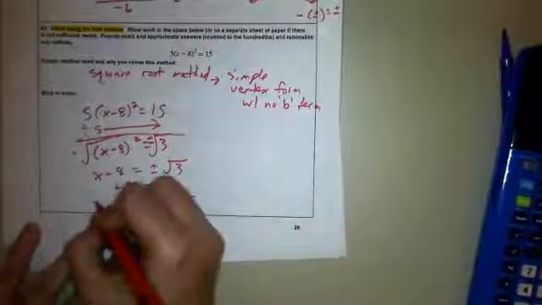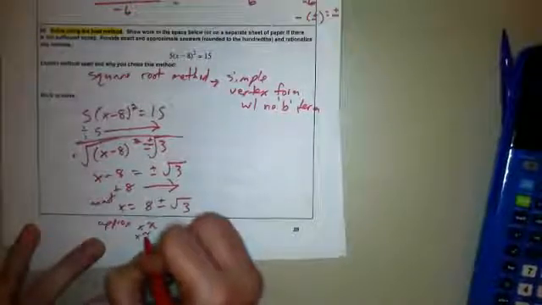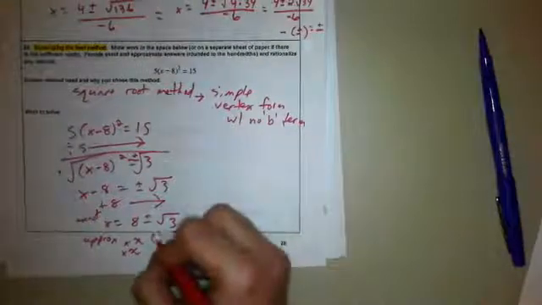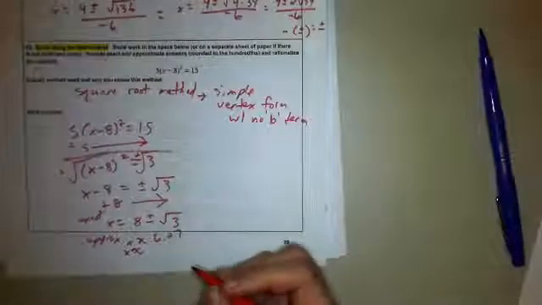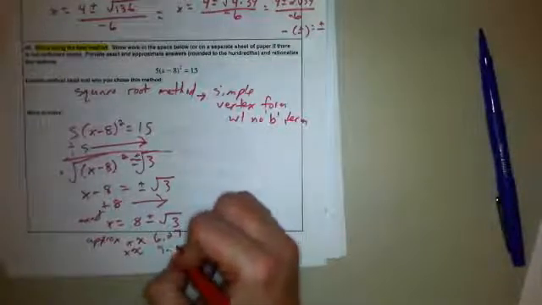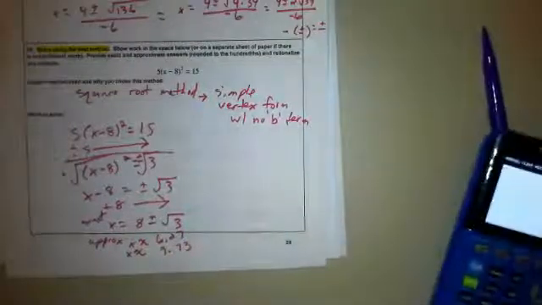There's my exact, and my approximate is going to be 6.27 and 9.73. So there are your answers.